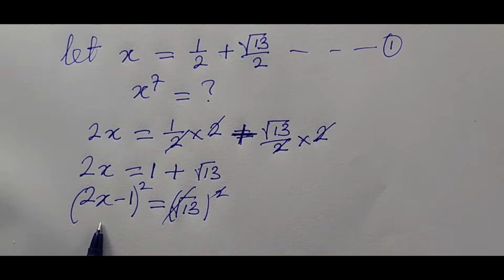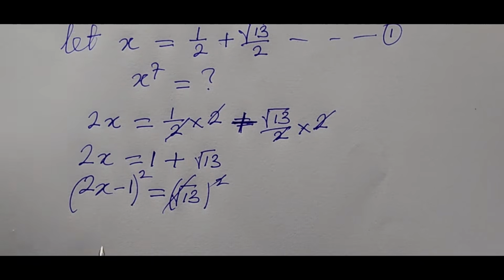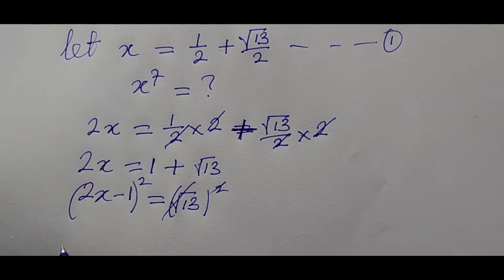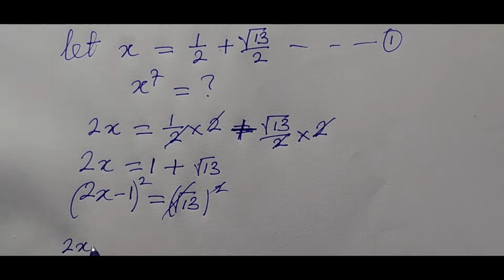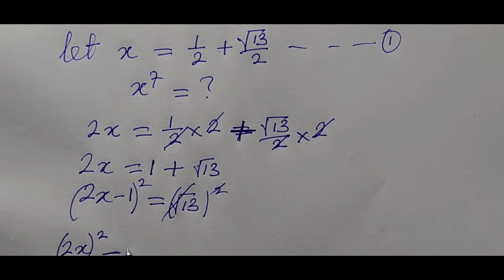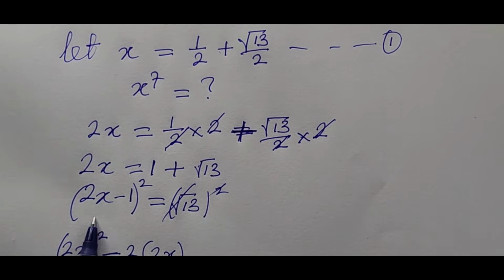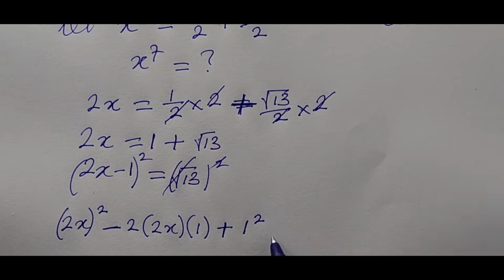If we apply our simple algebraic identity, this side will be 2x all raised to the power of 2, minus 2 times the first quantity, which is this, times the second one, which is 1, then plus 1 to the power of 2. Then everything will now be equal to 13.